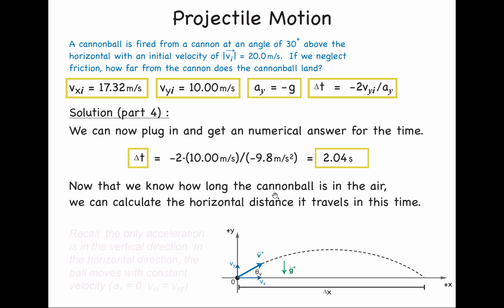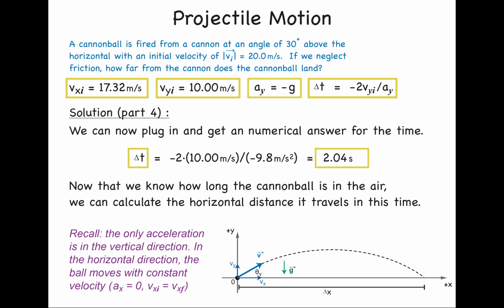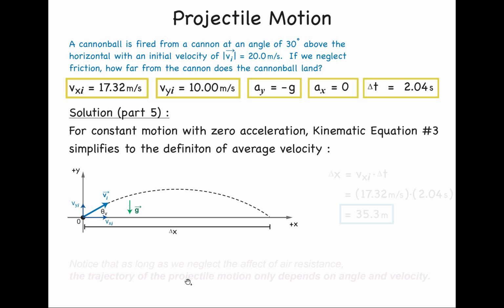So now we know how long the cannonball is in the air, and we can calculate the horizontal distance that it travels in that time. And because the only acceleration is in the vertical direction, horizontally the ball is only moving with a constant velocity. And so it's a very simple problem from here on in.